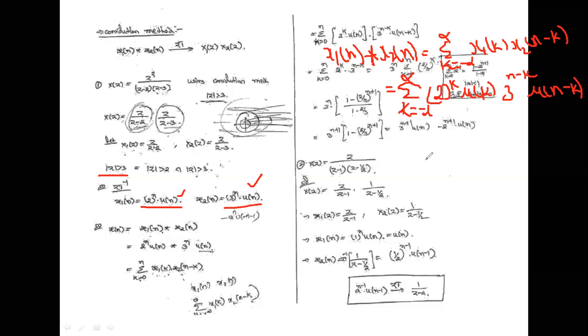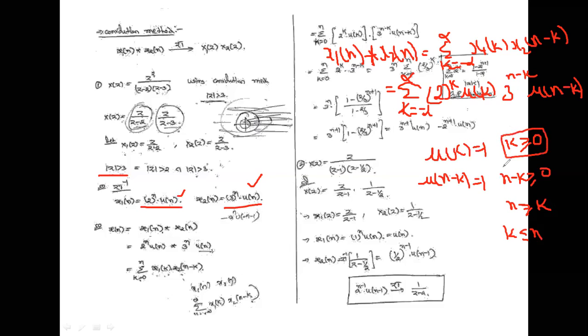What does it matter? We know mu of k is equal to 1 for k greater than or equal to 0, and mu of n minus k is also 1 for n minus k greater than or equal to 0, that is, n is greater than or equal to k, or k is less than or equal to n.